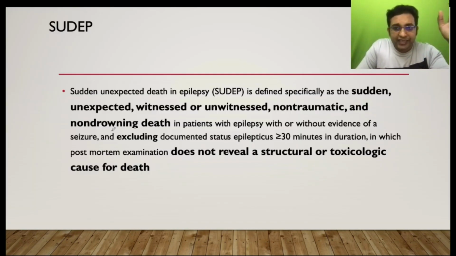It is actually a patient having epilepsy who has a sudden, unexpected, non-traumatic, non-drowning death with or without evidence of seizures. And you should make sure the patient didn't have a status epilepticus lasting more than 30 minutes. And post-mortem should not reveal any structural or toxicologic cause for death. So that should be the criteria of SUDEP.